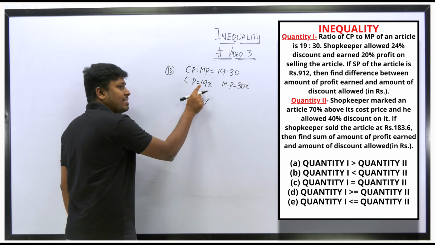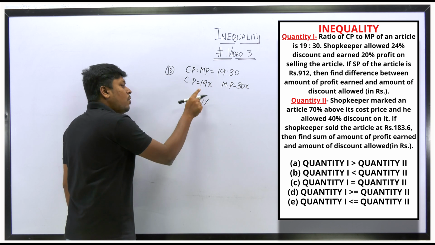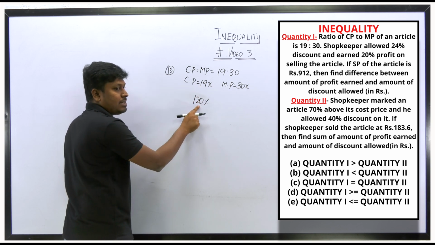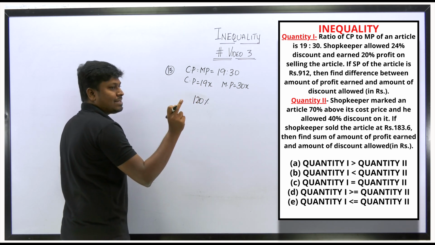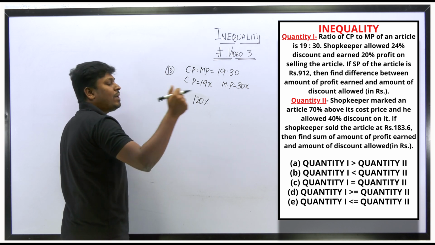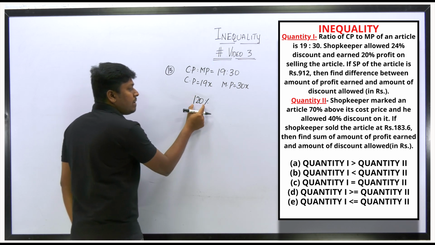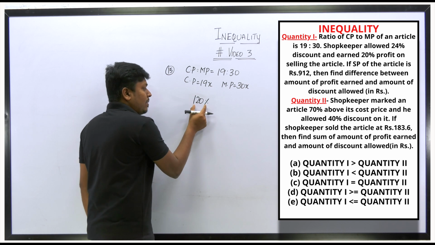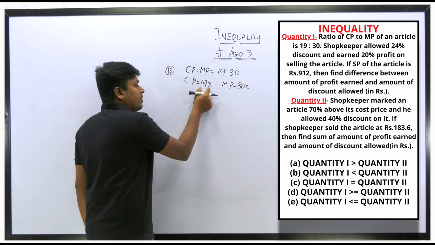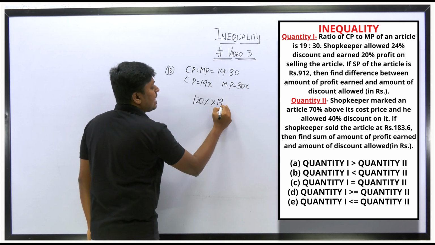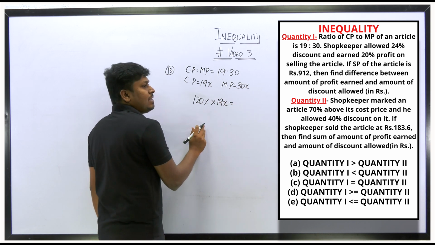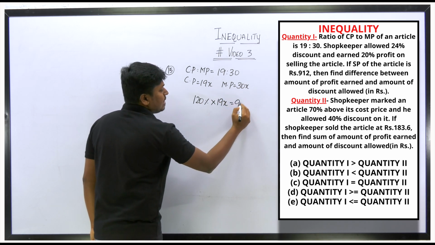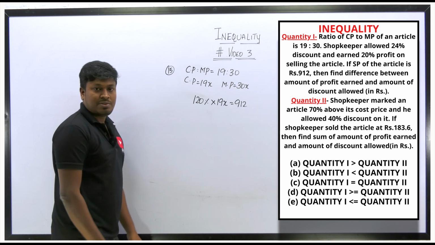From the cost price 19x, how much profit did he earn? 20%. So let me fix 100% as the cost price. So from the 100, if 20% is the profit, then 120%. So 120% of the cost price, that is 19x. So finally he sold the article for how much? 912 rupees. So friends, understood this area or not?